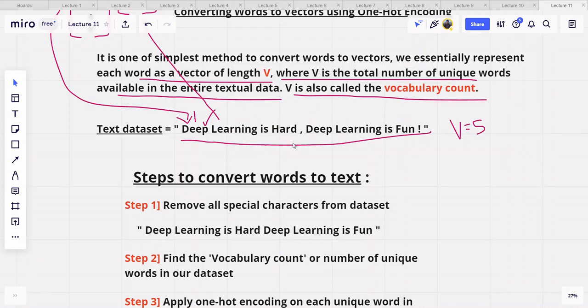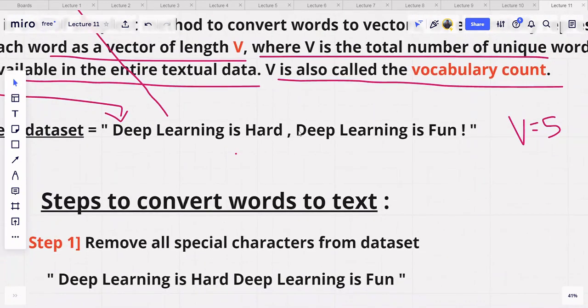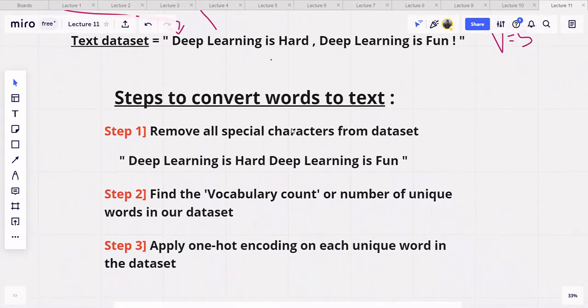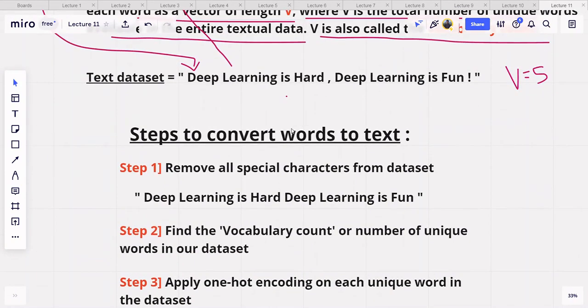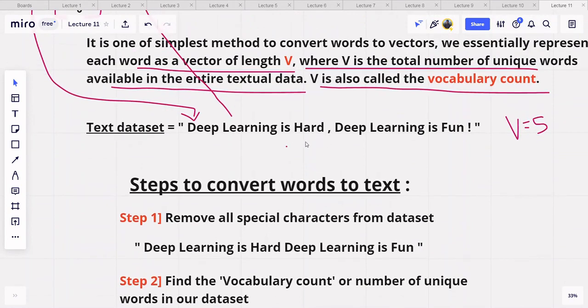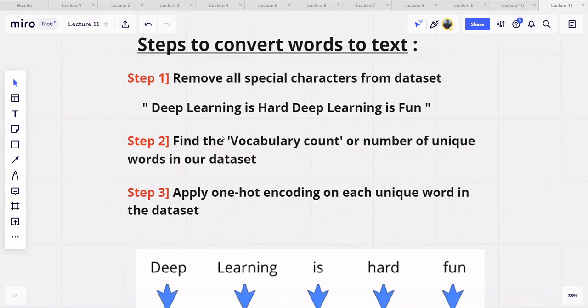If you look at our data set, it consists of an exclamation and some commas. In the real world, when you are making models, we only want to deal with words, we don't want to deal with punctuations. That's why we remove all the special characters.